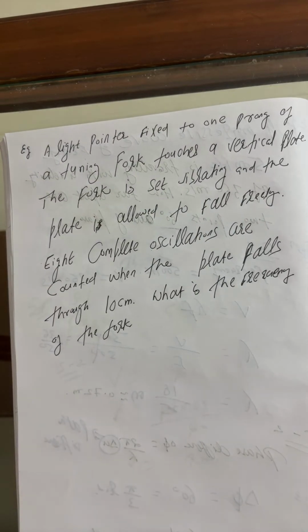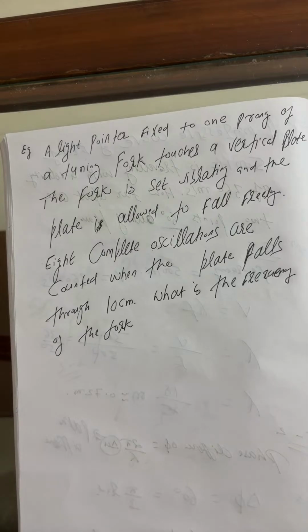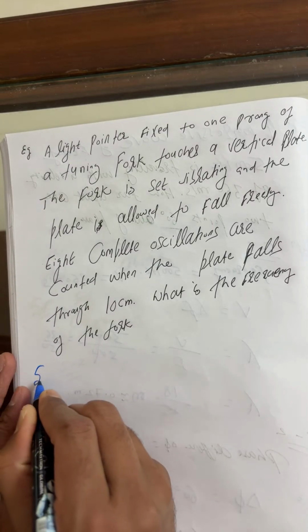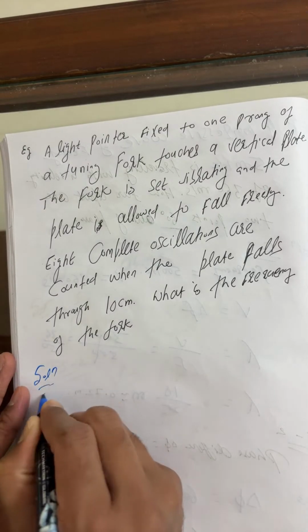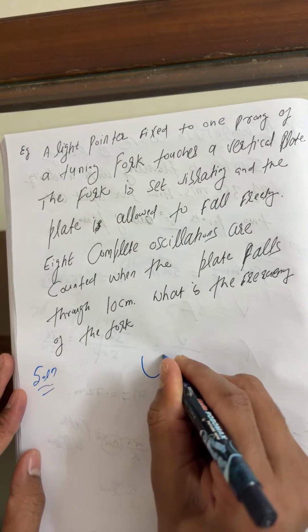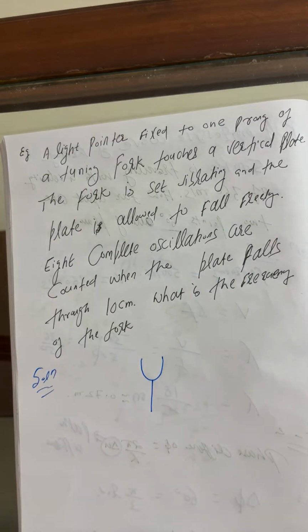Okay. Have a look at the question here, everyone. A light pointer is fixed to one prong. You know what the prong is here? The prong of a tuning fork. So this is a tuning fork, the shape of this instrument you can see.